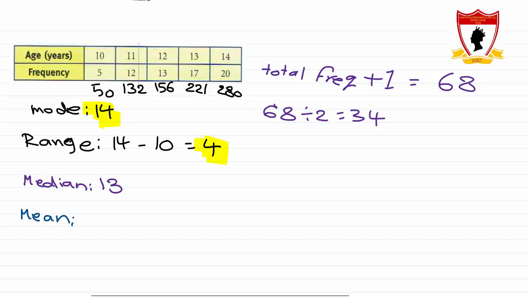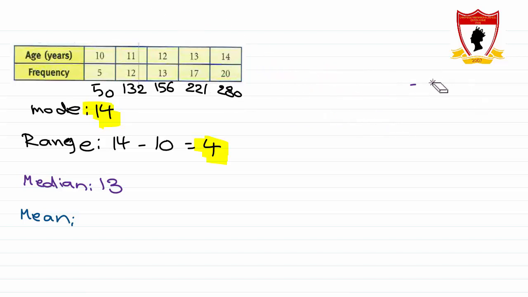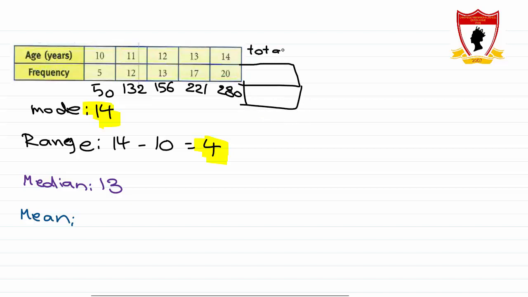Now we need two cells. One of them contains the total frequency, the other one contains the total of the new row. We call these totals. The total frequency here is 67. The total of all of these numbers is 50 plus 132 plus 156 plus 221 plus 280, which is 839.